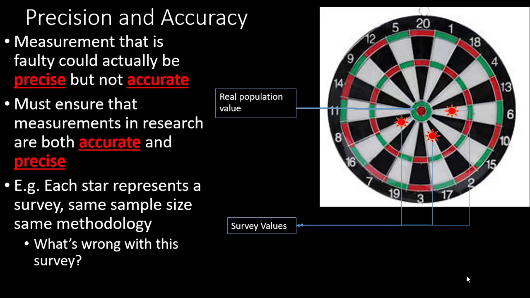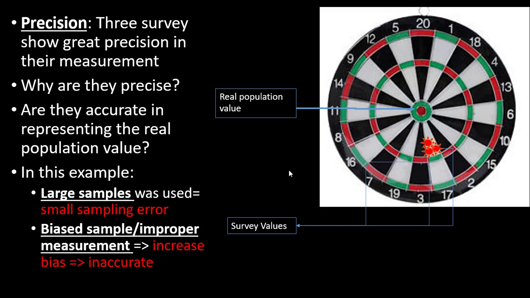When we look at each one of them, one is very close, but the others are very far away from the real value, which is the truth that we are looking for. So this is an imprecise and inaccurate measurement.